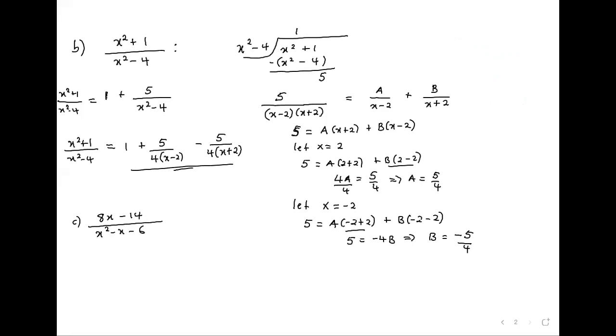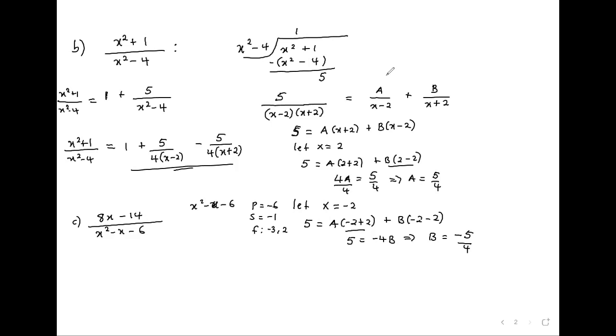If you have this question here, have you seen that the numerator has less power compared to the denominator? So it goes straight into partial. But your quadratic down here is not factorized. So the first thing you do is factorize your quadratic. So you say, okay, I have x squared minus x minus 6. The product is -6, the sum is -1. So the factors will be -3 and +2.